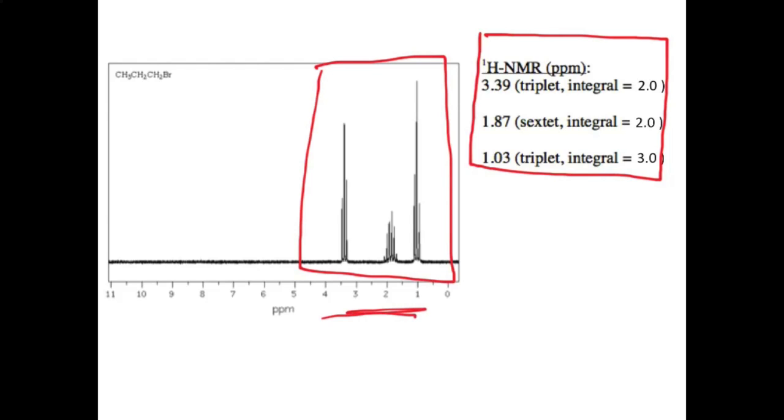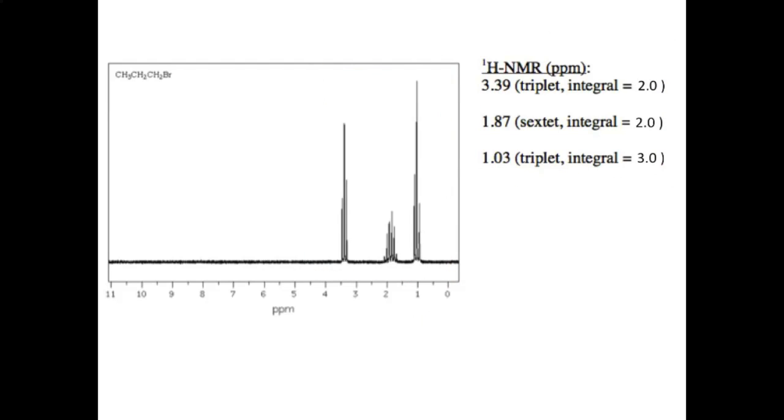We have the spectrum, and we also have a little table that shows the exact same data. So going through this, we can see that there are 3 signals here: 1, 2, and 3. And those same signals are represented in our table as 1, 2, and 3.